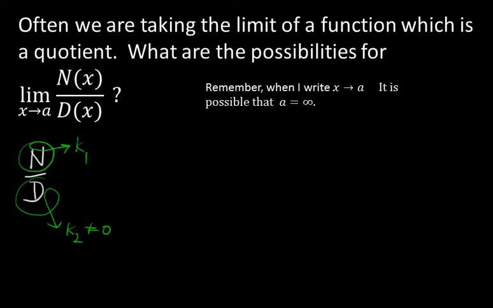In that case, we say that the function itself, n of x over d of x, is approaching k1 over k2. You probably have a continuous function in this case where you just plug in x equals a.